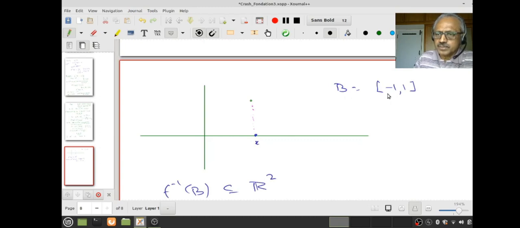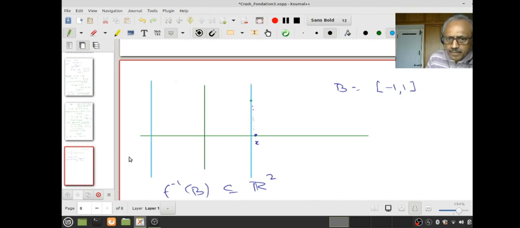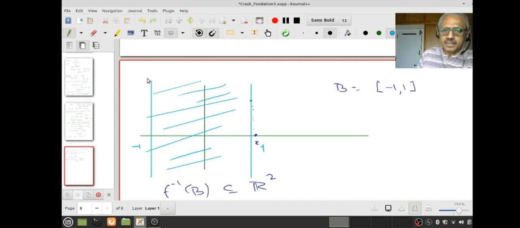What does it mean? B is -1 to +1. Therefore, it should lie in the interval. Therefore, you can see that is this set: all the points whose x coordinate lies in the interval -1 to +1.